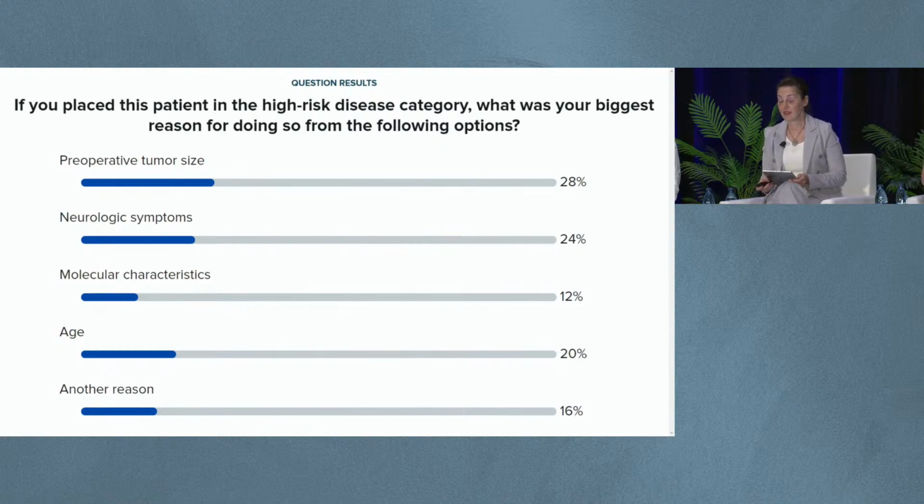So very important, very good answers from all of you, because these indeed are some of the characteristics we use to determine risk. But it's also very interesting to see how the specific characteristics would play in this case.